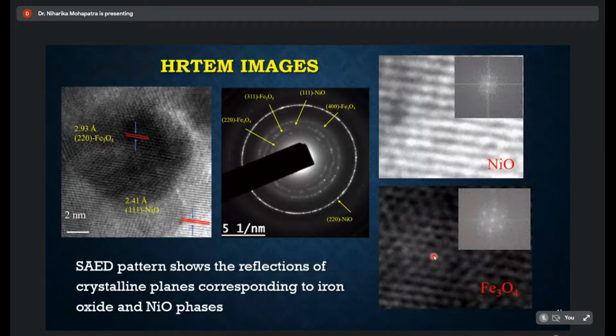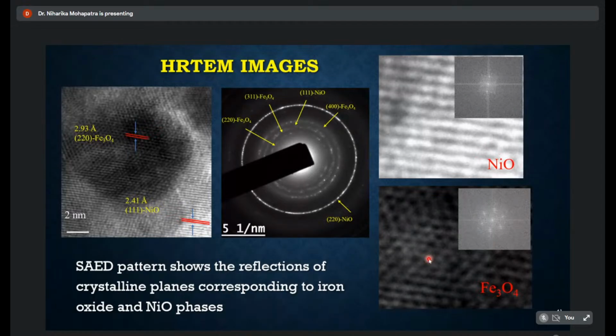So we have nickel oxide and Fe3O4 phases present, but then we find that it's not a core-shell structure, but rather Fe3O4 particles embedded within a big area of nickel oxide. So nickel oxide is a kind of antiferromagnetic matrix, and within that small iron oxide particles are present.